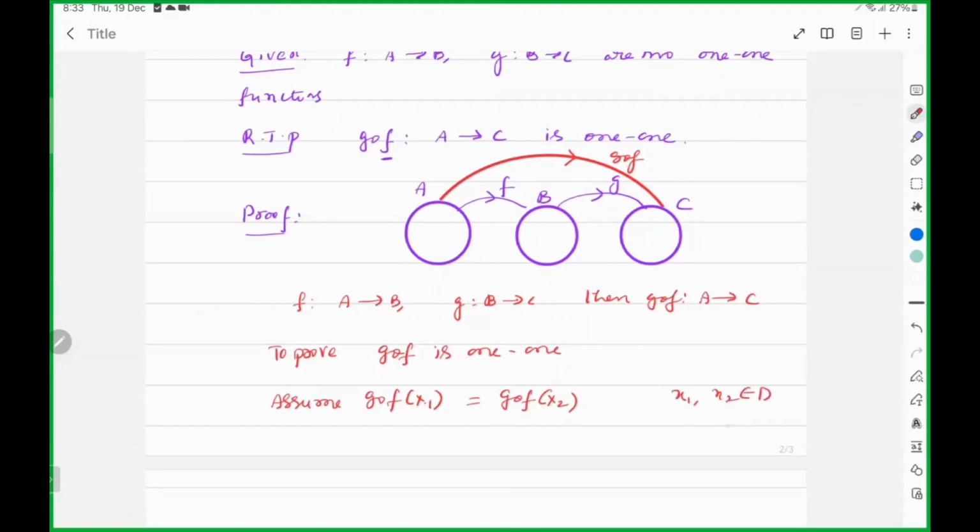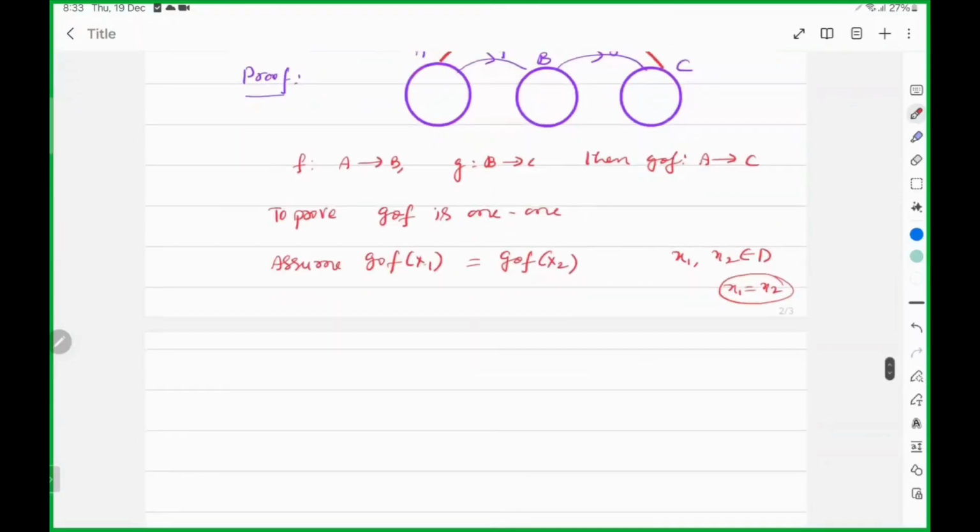This is the assumption. Finally, you have to prove x1 equal to x2. Then we say that g circle f is 1-1.